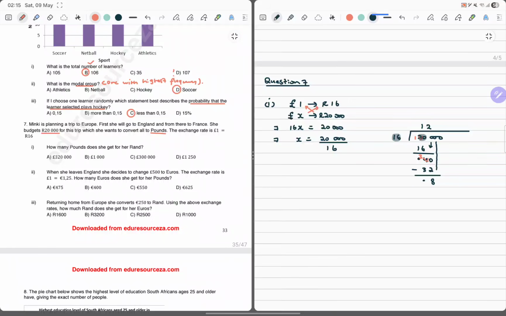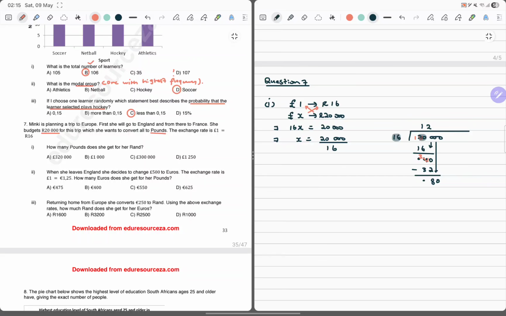We drop the other 0. So it gets a bit hectic now. 16 into 80. 16 times 4 is 64, plus another 16. Is it 5? 16 times 5.